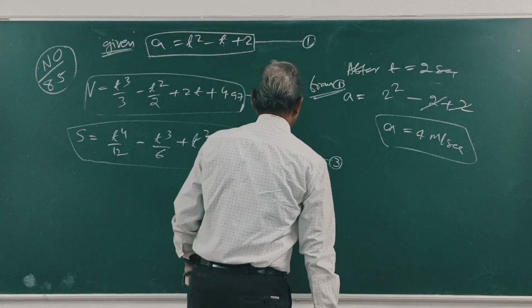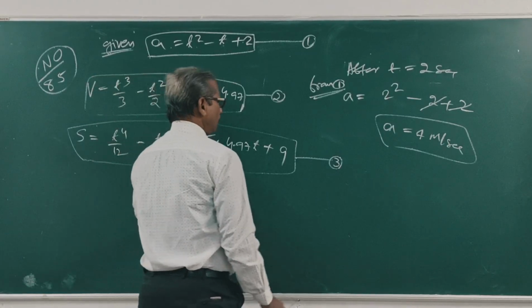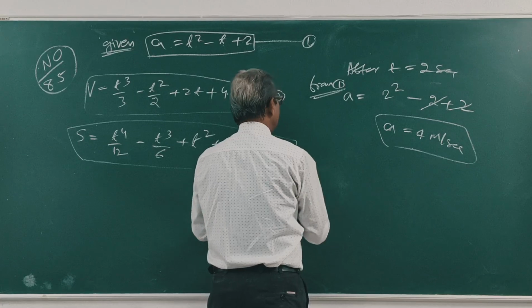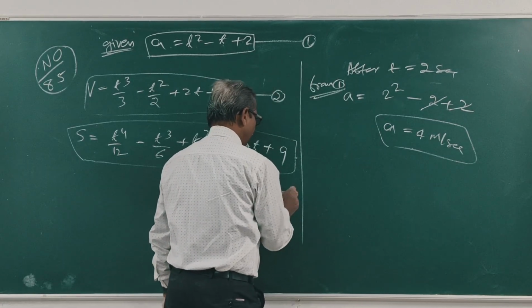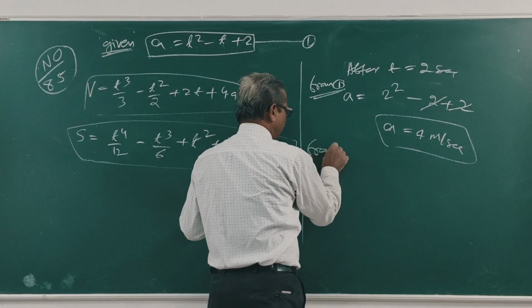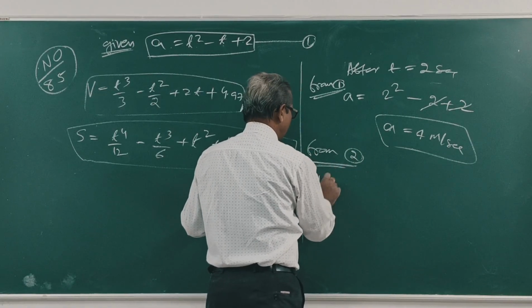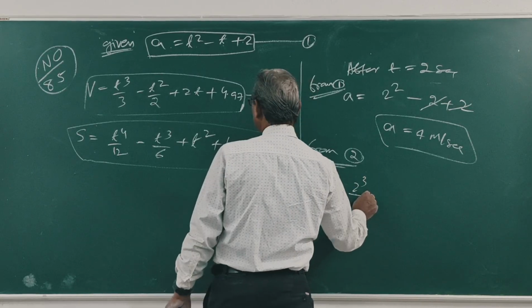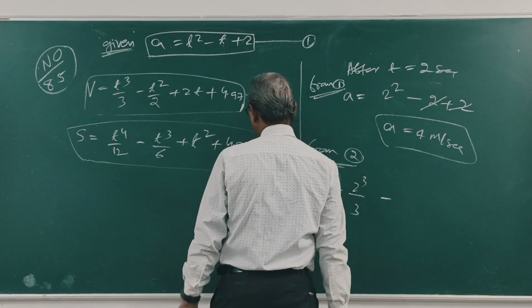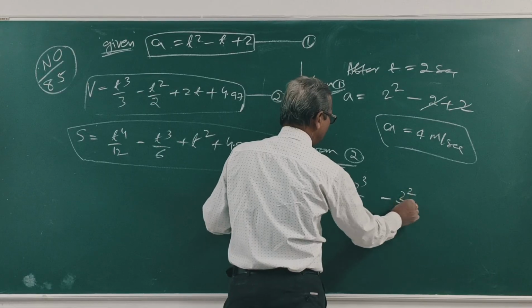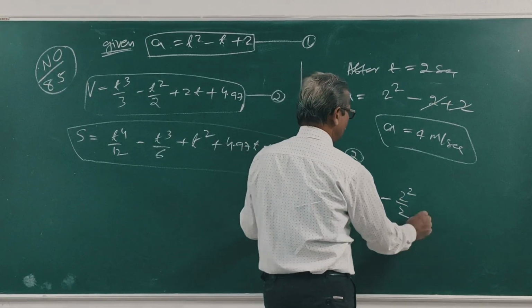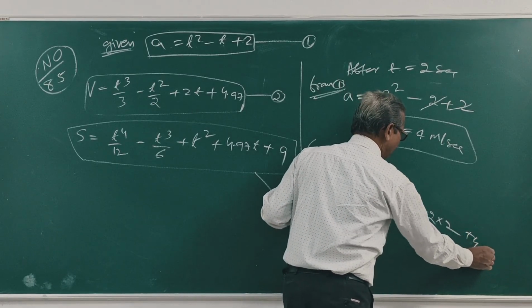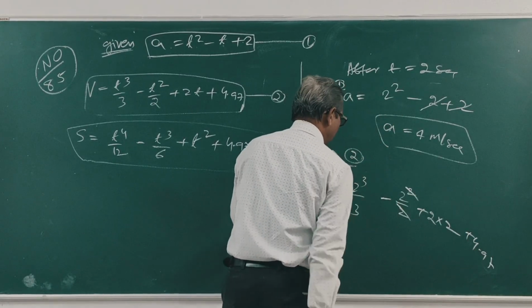Similarly, from equation 2, velocity is equal to 2 q by 3 minus 2 square by 2 plus 2 into 2 plus 4.97. 2 q is 8 by 3.